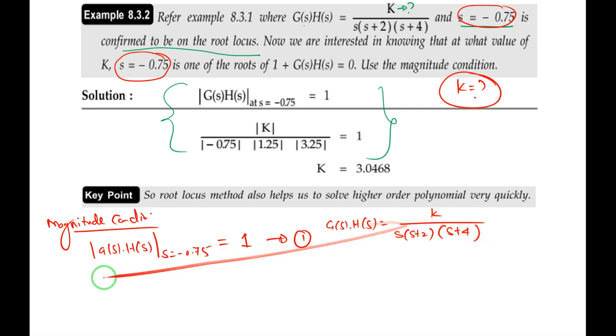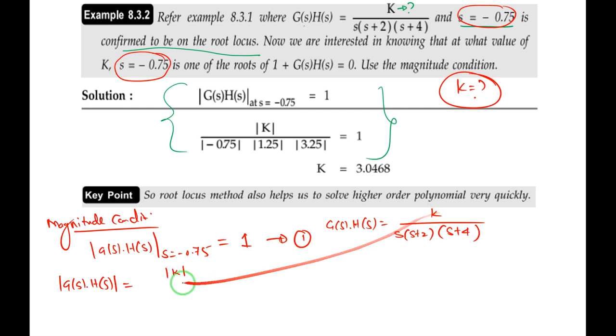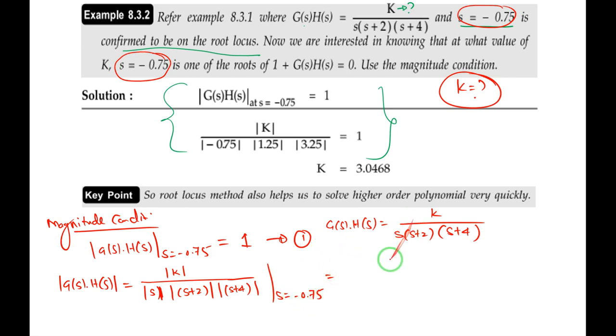So apply magnitude on both sides. The magnitude of g of s into h of s is equal to magnitude of k divided by magnitude of s, one by one, then magnitude of s plus 2, then magnitude of s plus 4, at s equal to minus 0.75. And it is equal to 1.